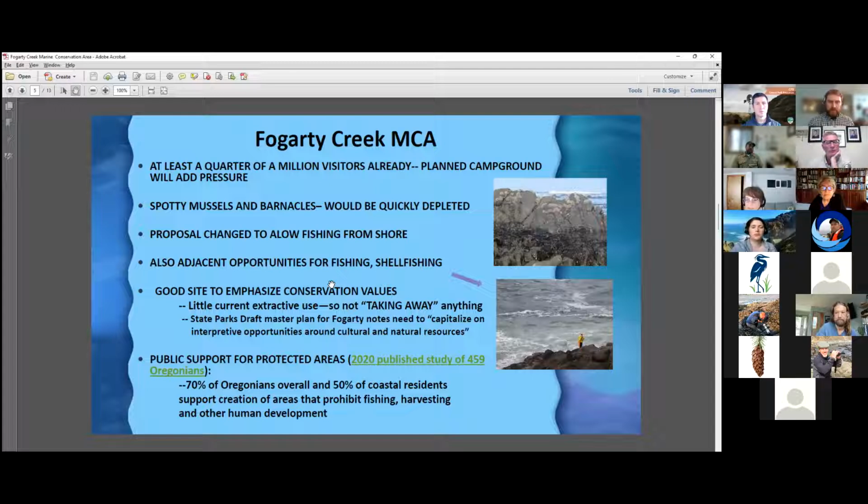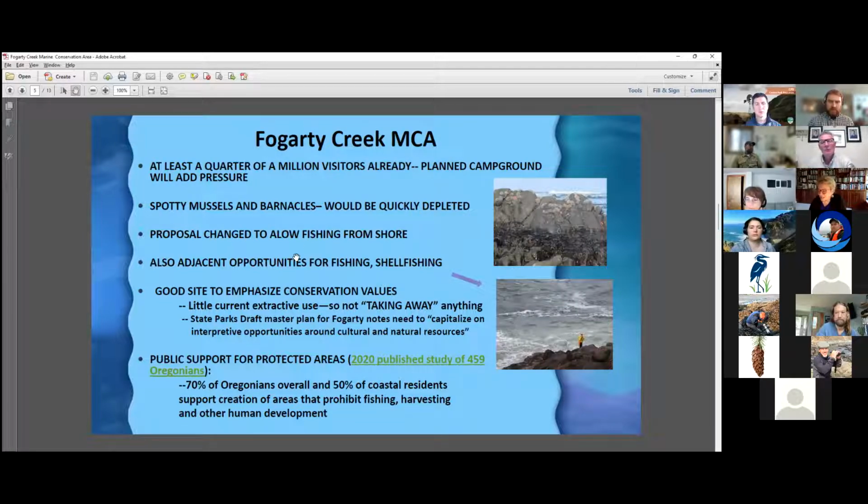There's also a planned campground. I think it's been put off a while, but anything there will add pressure to this area. And there are very spotty mussels, barnacles, limpets, that would be easily depleted. They're very spotty, they're sporadic. And the few times I've seen people take mussels from this beach, four people with 3 coolers between them walking off the beach, it could be easily depleted with any take.